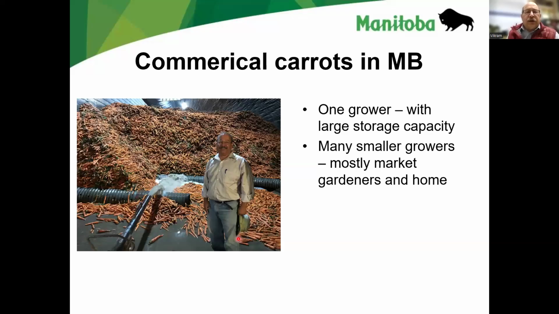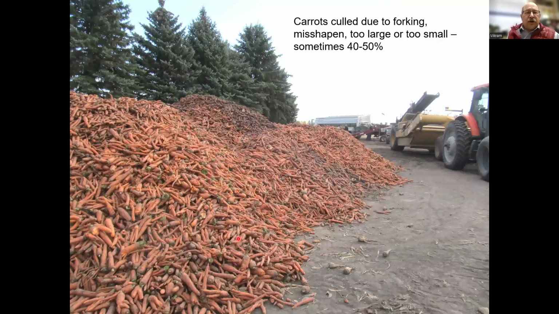Commercial industry has very strict regulations or market standards, and there is a lot of wastage. So if your carrots are with forks, they have a slight bend, they are too short or too large, they are not good enough for sale.